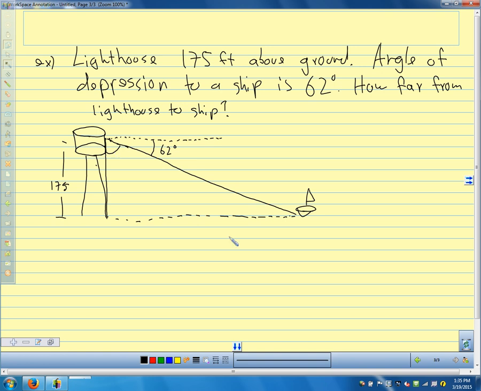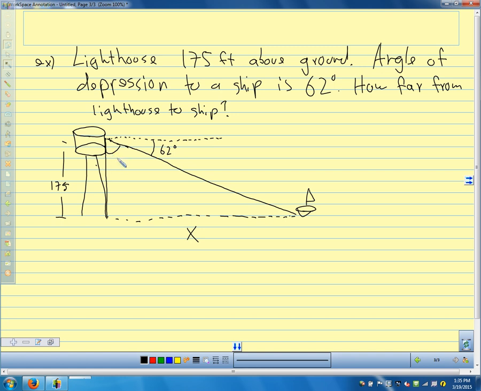Well, we're trying to find this distance in the triangle. How do we find an angle in the triangle from the information we have? You can do two different things. What is this whole angle here, from the horizontal to the vertical side of the lighthouse? 90. So can't we subtract from 90 and get this angle?